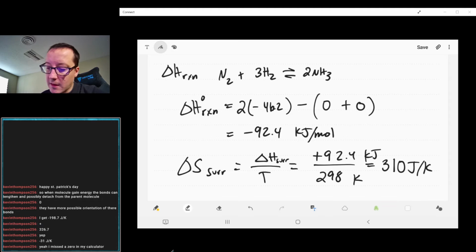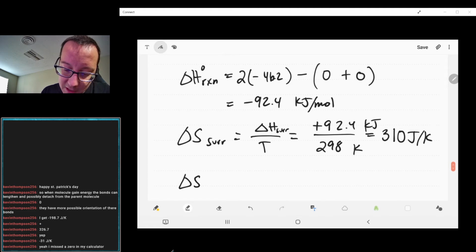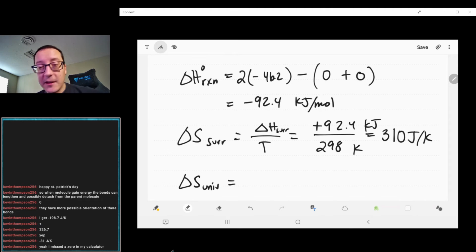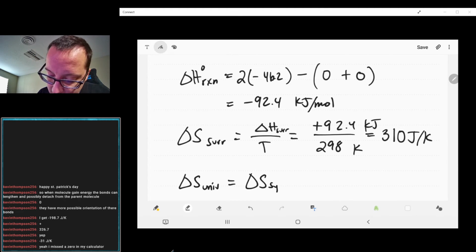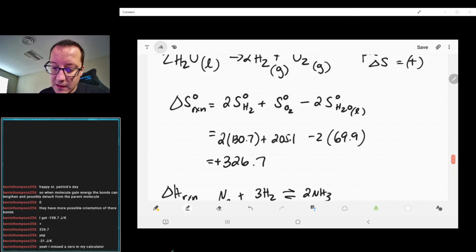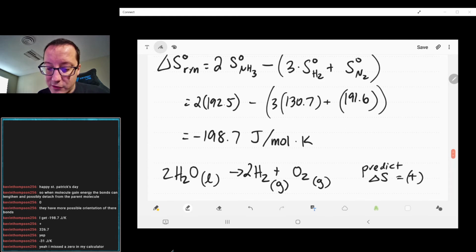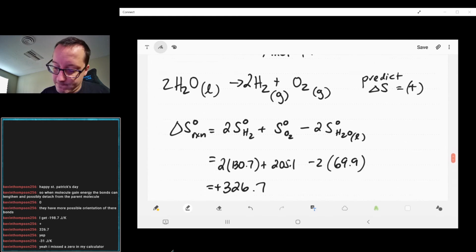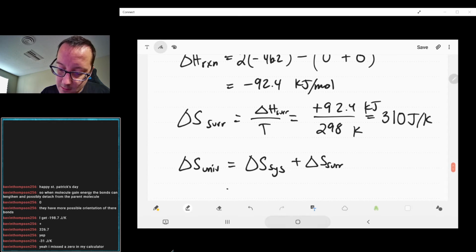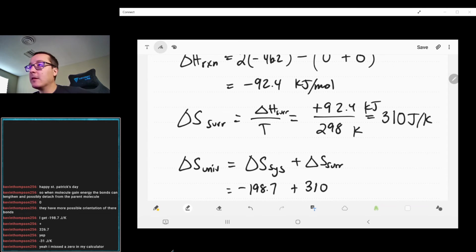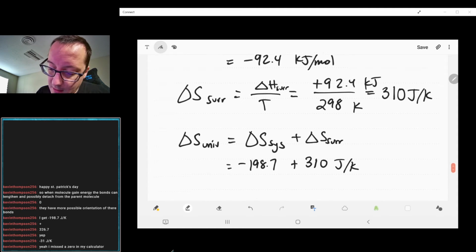Cool, awesome. Okay, so with that in mind, let's double check to see if this reaction will be spontaneous or not. Remember that's delta S for the system, plus delta S for the surroundings. We calculated delta S for the reaction to be negative 200 or so. And we saw that the delta S for the surroundings will be 310.